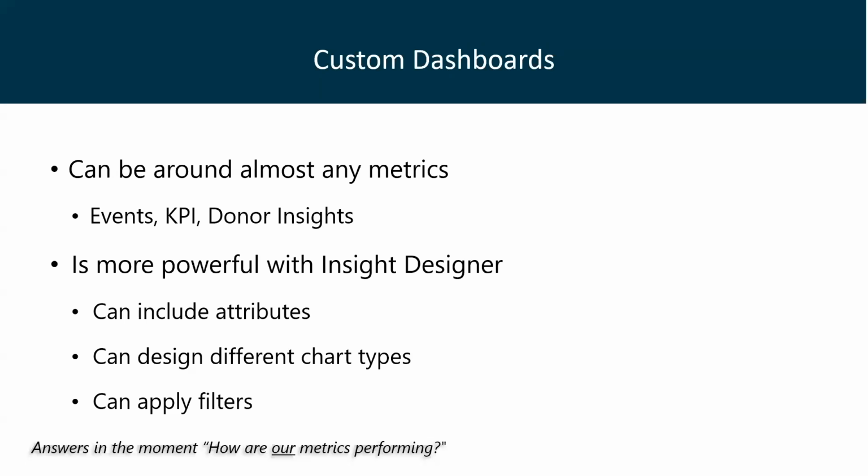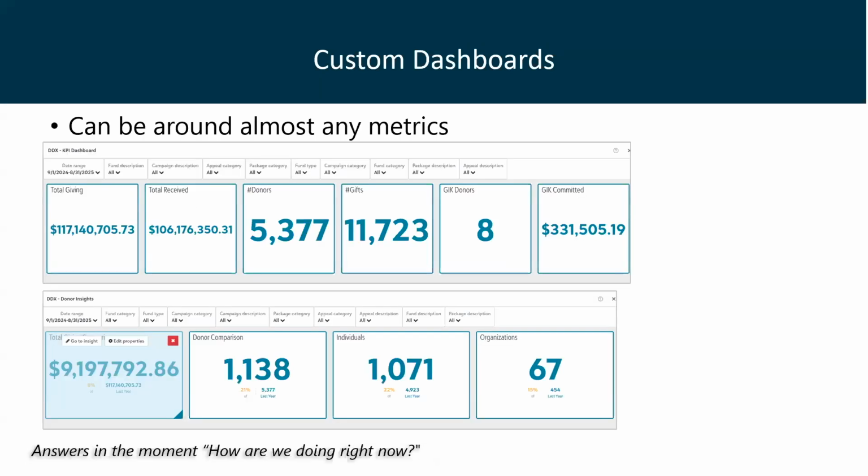I think check in with your Blackbaud rep around that. If you add that piece in, you can include attributes, design different chart types, and apply more filters. So this tells you how our metrics are performing, how the metrics that I care about are performing. These can be around almost any metrics.